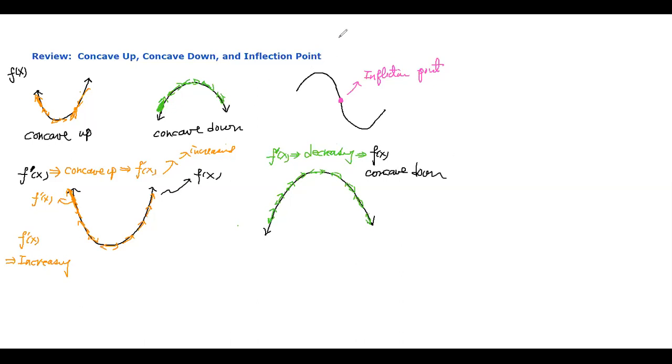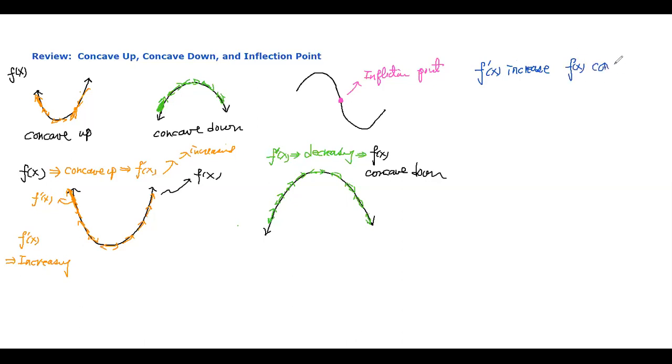Here, so you do not get confused: f of x is concave up when f prime x is increasing. So that is my first set. Let me write it down here. If f prime x is increasing, then f of x is concave up.